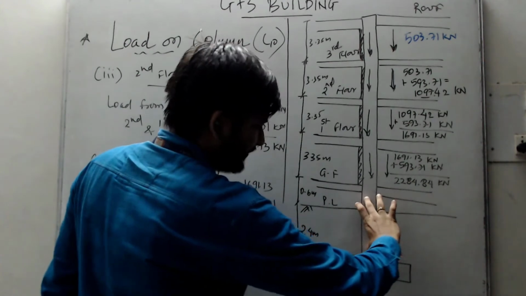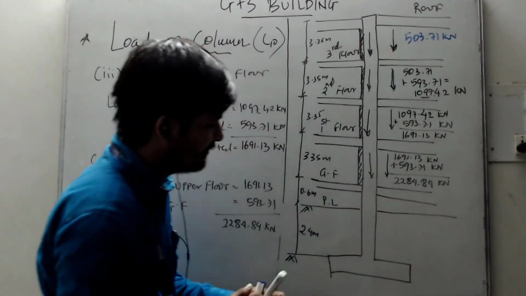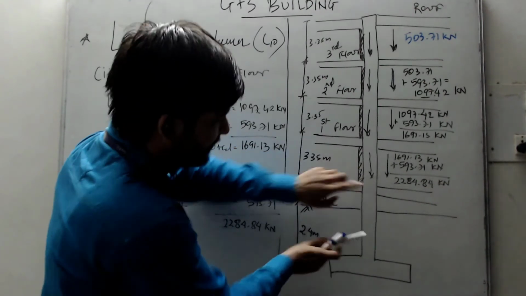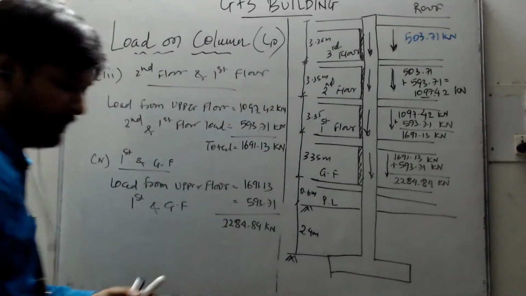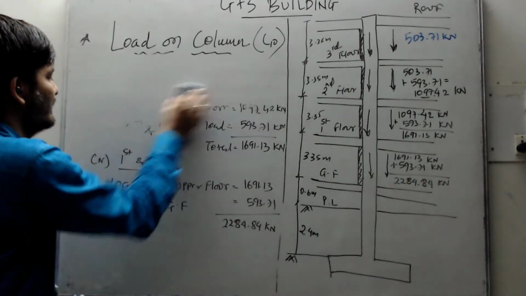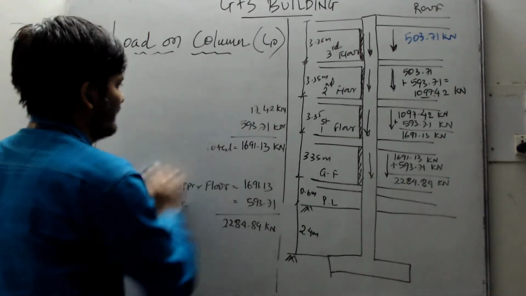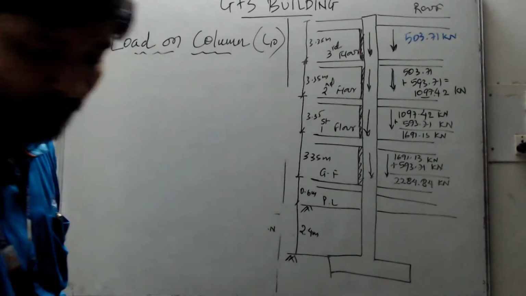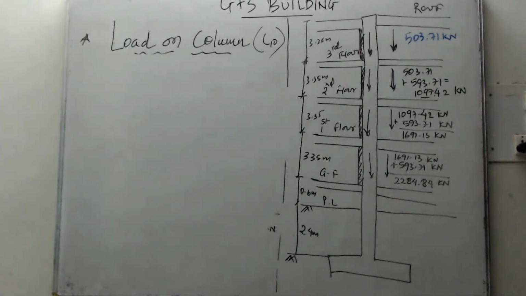Right, so this is the height. Now we have reached here, column between the plinth and footing, this portion. Now we need to calculate load on this portion. So let's write down the fifth point.